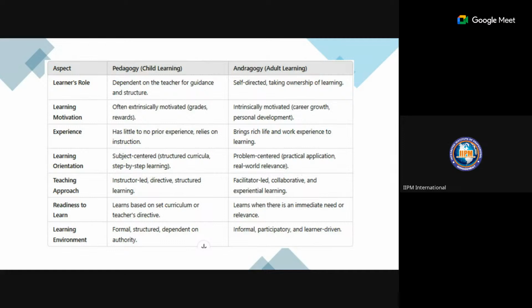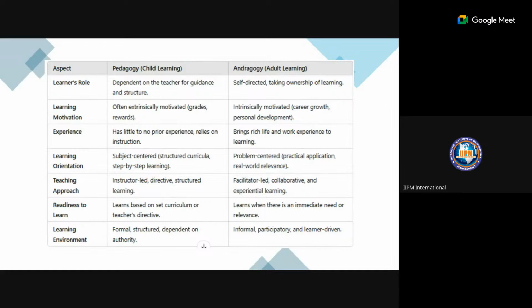Then under experience, the child has little to no experience and relies on instruction. But under andragogy, the adult brings rich life and work experience to the learning. So you need to sieve and help him manage that learning. Then under learning orientation, the child's is subject-centered, with structured curricula and step-by-step learning.